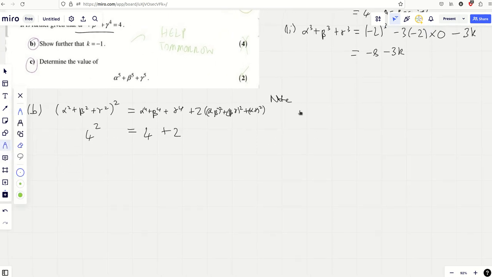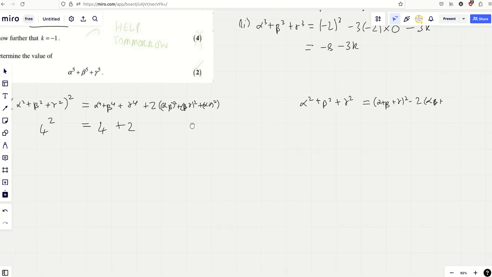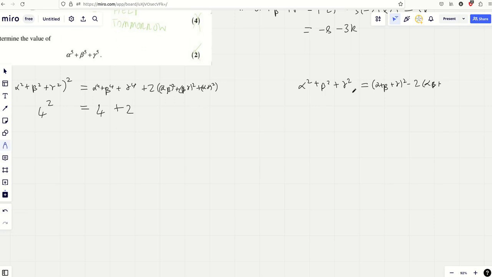Annoyed that I've rubbed it out now. So what I'm going to do is point out, let me write it down yet again, alpha squared plus beta squared plus gamma squared is alpha plus beta plus gamma all squared minus 2 lots of alpha beta plus beta gamma plus alpha gamma. There's never enough space on the screen or on the paper when you're doing these questions. It's so algebra intensive.